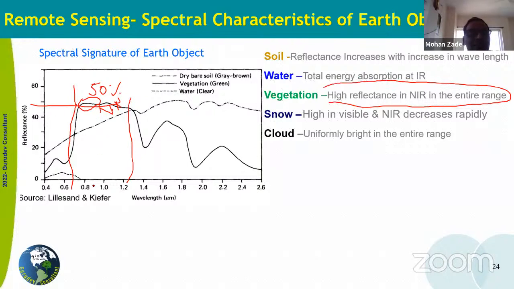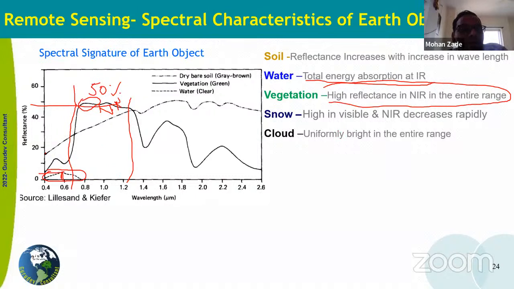Therefore, this NIR band is used to distinguish vegetation from other objects. The second is water. If you see the water here, the water absorbs most of the energy and reflects only some 5% of the radiation in the green band. So there is total energy absorption by the water in all the bands, and in NIR, it is complete.